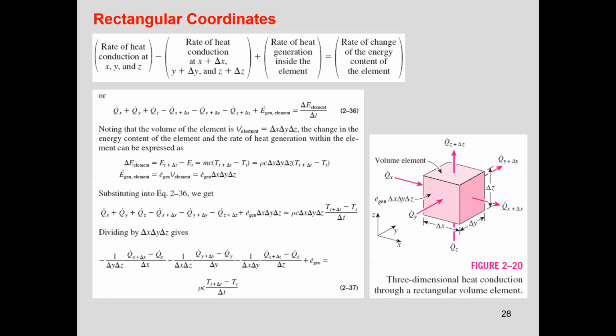With a similar approach, but this time we have to consider three-dimensional heat conduction through a rectangular volume element. And then the rate of heat conduction at x, y, z, or the rate of heat conduction within the element needs to be considered, which is equal to the rate of change of energy content within that element.